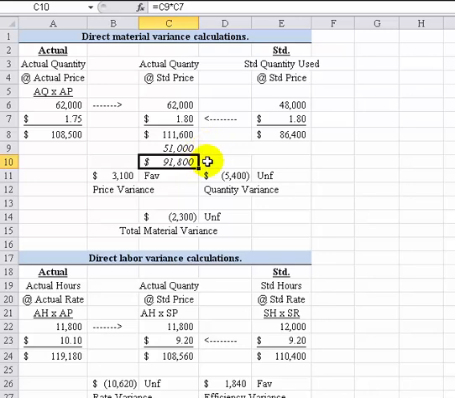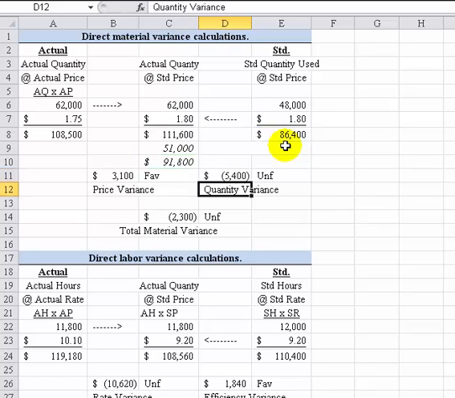So we have 91,800 of what actually was put into production at a standard price. And when we compare that, we're actually calculating the variance between 51,000 units and 48,000. Since we required more material than what the standard called for, it's an unfavorable variance. And we calculate that by comparing the 91,800 to the 86,400.